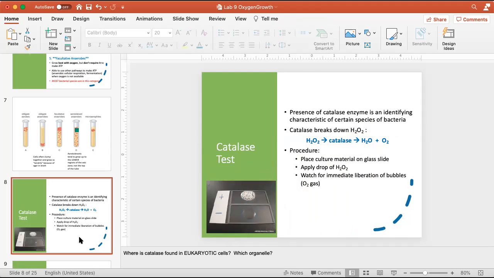Hey, here's a question. Eukaryotic cells like you and me, where do we keep our catalase? Because we do make catalase. Anybody remember which organelle in a eukaryotic cell, like a human cell, breaks down hydrogen peroxide? The name of the organelle. Is it the peroxisome?